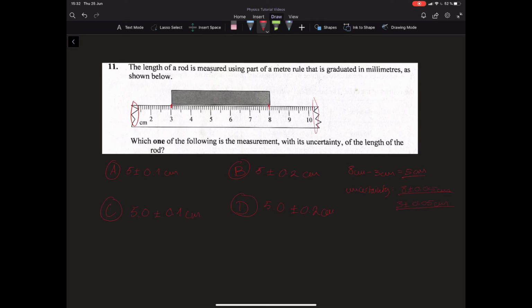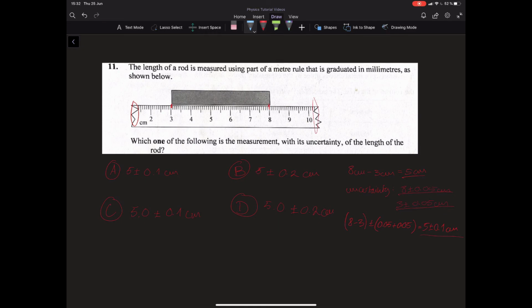The value of 8 centimeters has an uncertainty of plus minus 0.05, and the value of 3 centimeters has an uncertainty of plus minus 0.05. Therefore, when we subtract the values to get 5 centimeters, we add their uncertainties to find the uncertainty of the measurement. Therefore, the uncertainty has to be 0.1 centimeters.